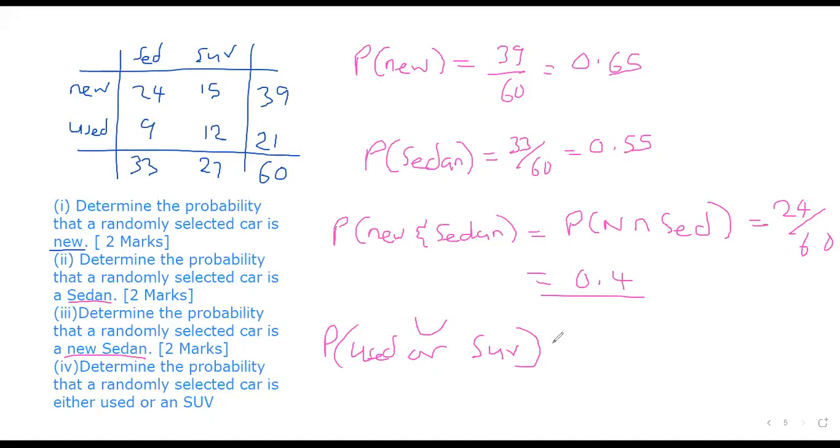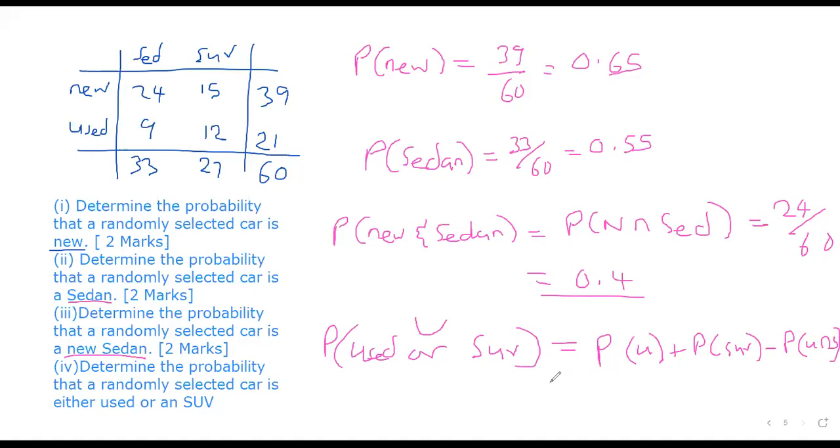So this is the probability of used plus probability of SUV minus probability of used intersection SUV.